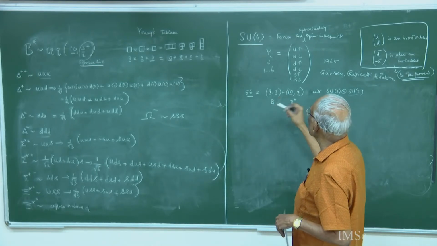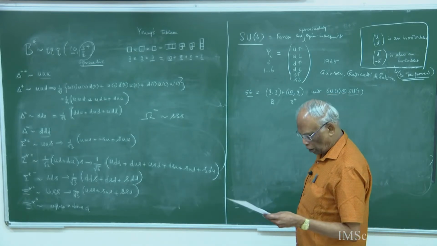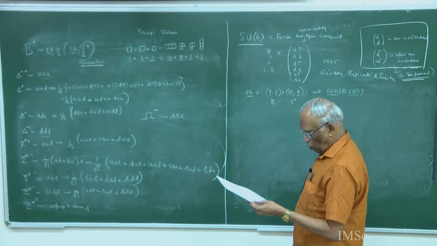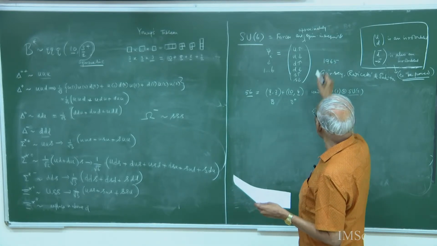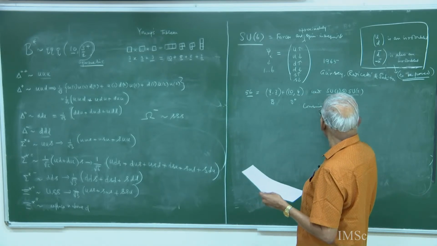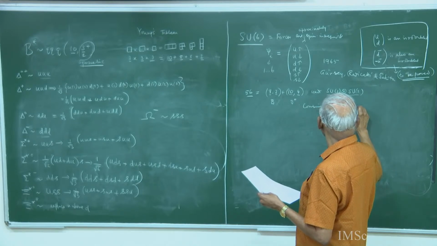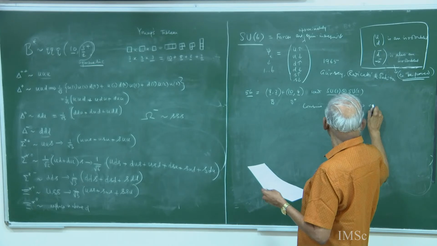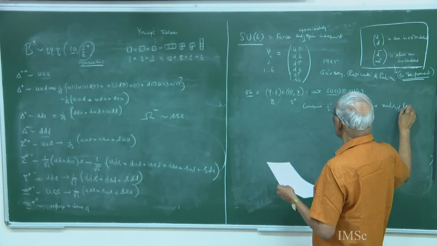So, this 56 will correspond to different total spin objects. It will combine spin half and spin 3/2, B and B star, into one multiplet. That is what we have done here.